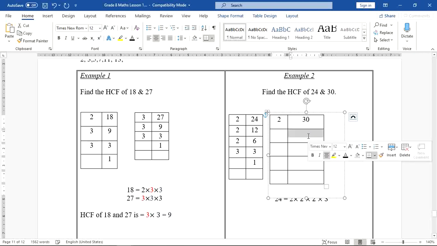Can 2 go into 15? Yes, but it's going to give us 7.5. So we go to 3 goes into 15. How many times? 5 times.